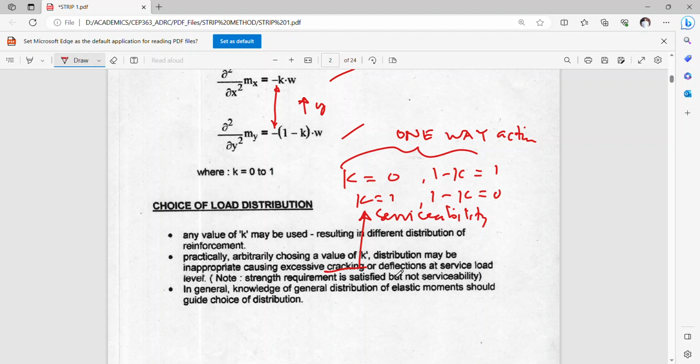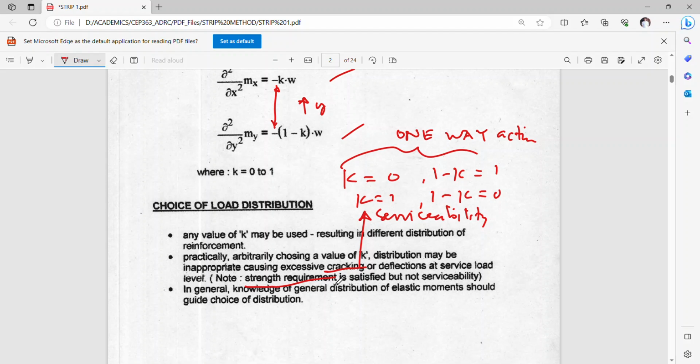But of course, serviceability-wise, it's not acceptable. Still, we can say that the strength requirement is satisfied, and we only have to deal with our experience and some guiding principles to be able to choose a value of k in order to avoid intense cracking.